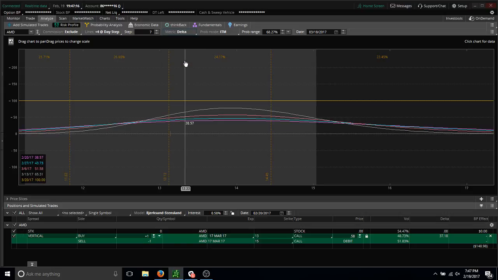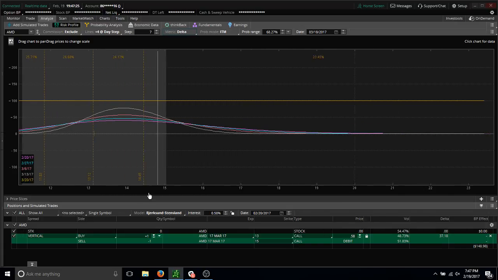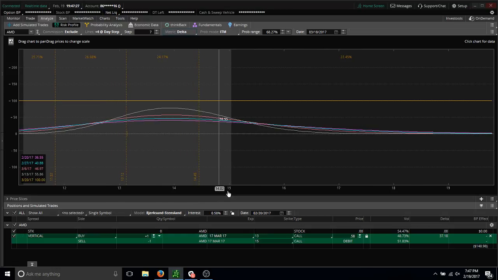So if you're looking at how time decay is going to go going forward on this, it's going to give you your projections here. So your different lines are your different dates. So you can see on 3/20, this is already past expiry.